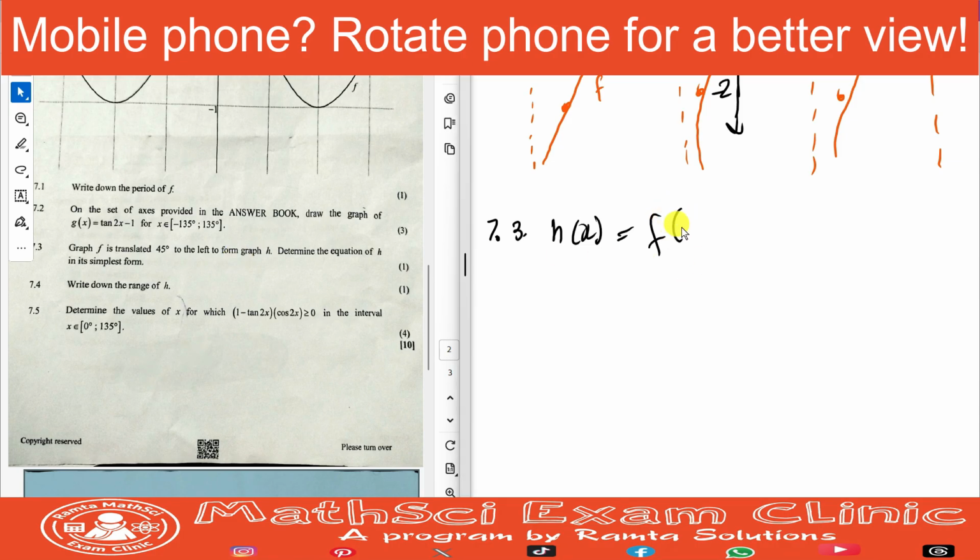So to shift to the left, you will have to add 45 degrees to the x. And therefore, on f of x, wherever there's x, you're going to put x plus 45 degrees. Remember, shifting to the left will be a positive value. So let's go now.